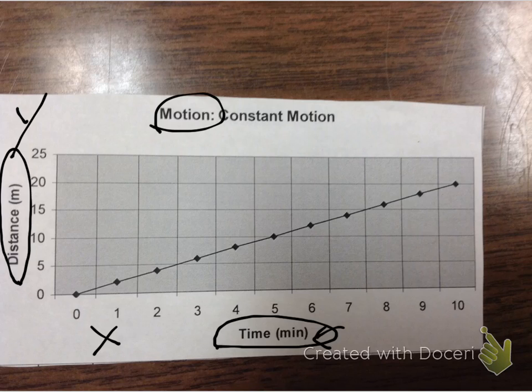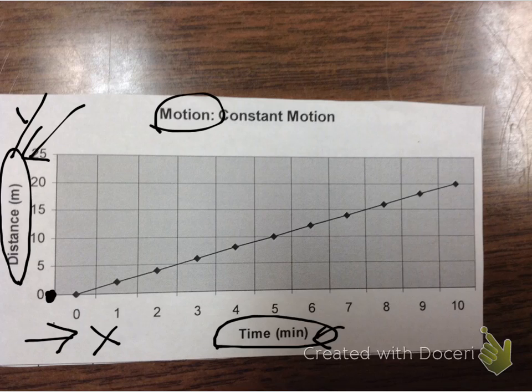And if you look right here, this is like the starting point. This is at the beginning of a race. This is where they started, and time starts at 0 on this one. So this is distance over here, and this is time over here. So let's take a look.